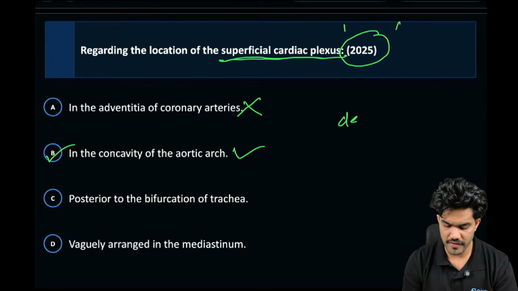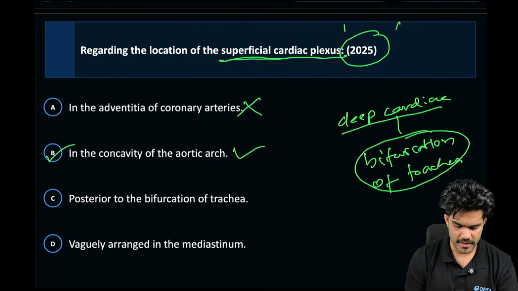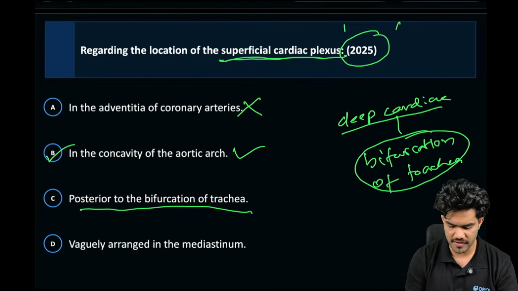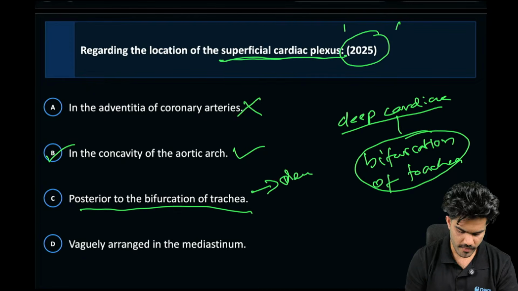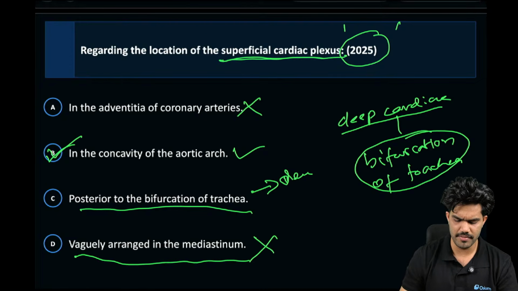I told you, where is the deep cardiac plexus present? Near the bifurcation of the trachea, posterior to it. Now, vagus arranged in mediastinum? No. So the answer will be B.